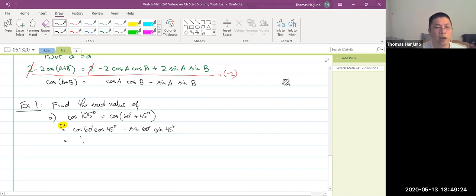That's 1/2 times radical 2 over 2 minus radical 3 over 2 times radical 2 over 2, which is radical 2 over 4 minus radical 6 over 4, which, as we expect, is negative.